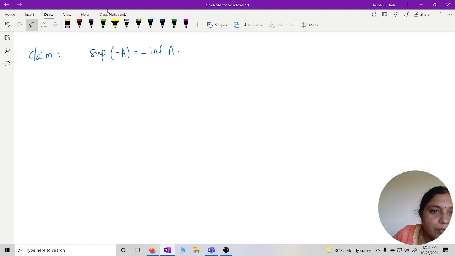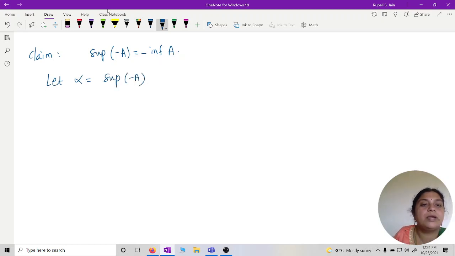So how? Let alpha be equal to the supremum of minus A. Then what can I say about elements of minus A and alpha?